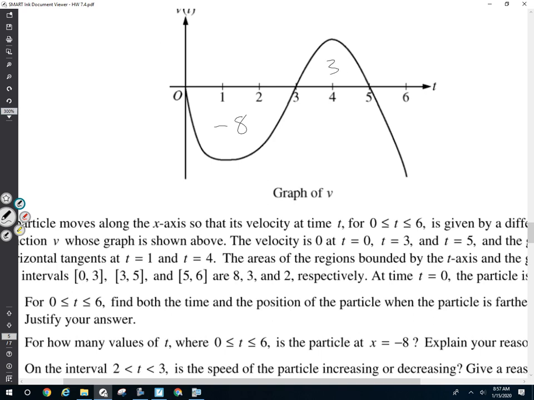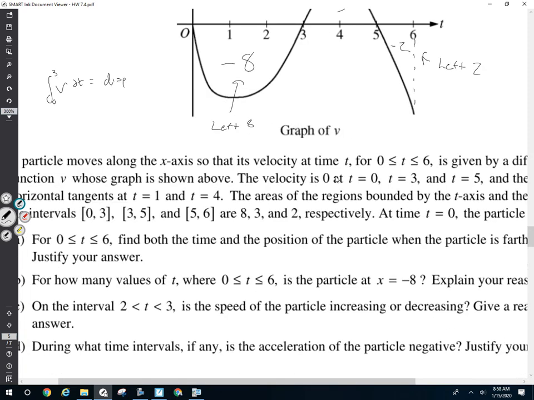And this is 3, and this is 2, but I'm going to consider that negative 2. Now, understanding the areas under velocities would be displacements. This means I'm moving left 8 from 0 to 3, and then I move right 3, and I move left 2. So writing that down just so we understand.